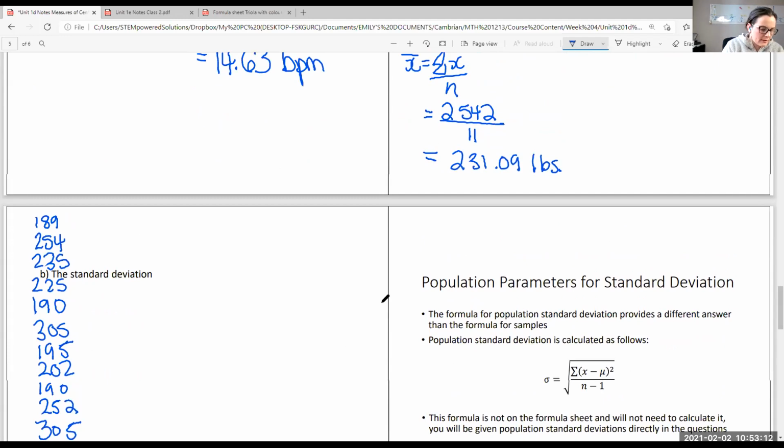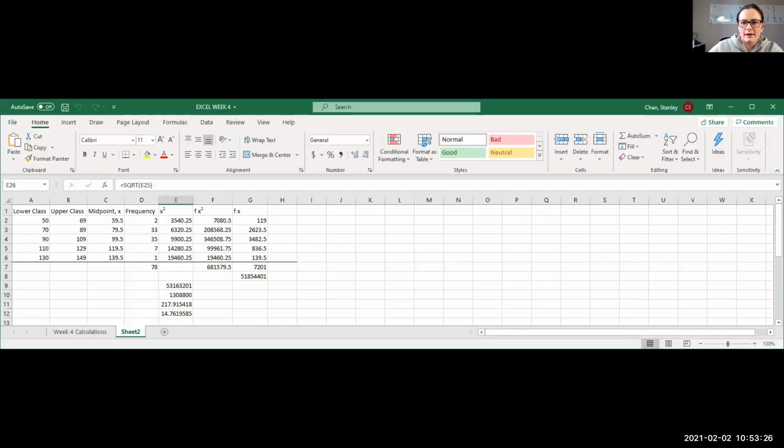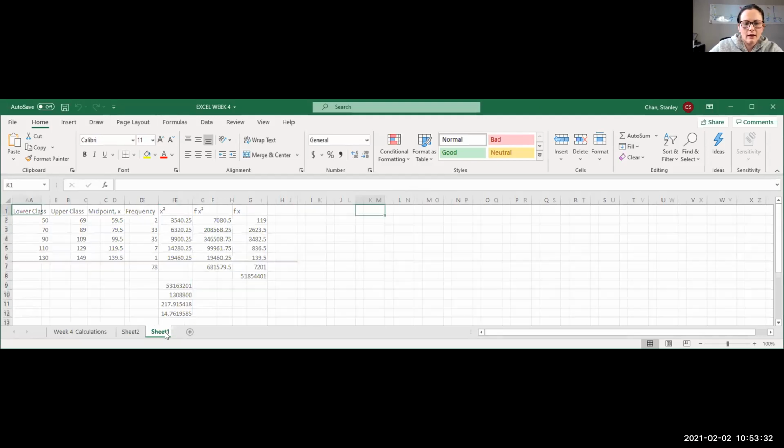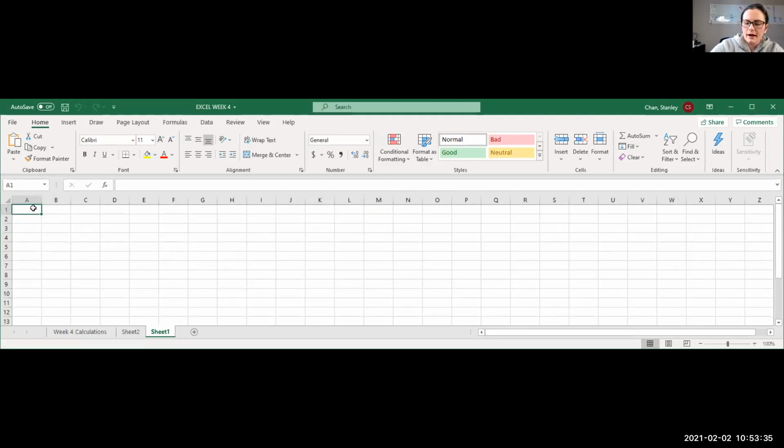So 189 squared. Actually, I'm going to show you a faster way of doing this using Excel. I've already opened up my Excel spreadsheet and I'm going to share that with you. I'm just going to enter all of the weights into Excel: 189, 254, 235, 225, 190.